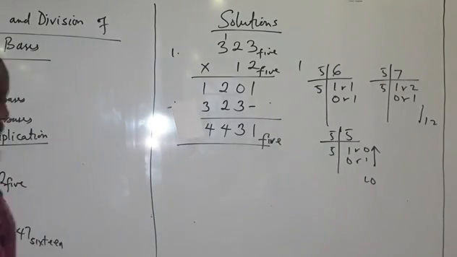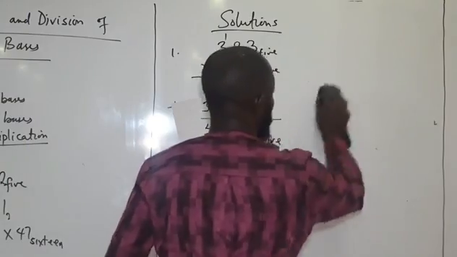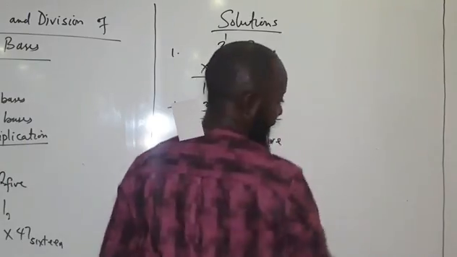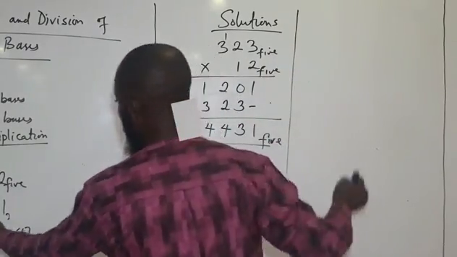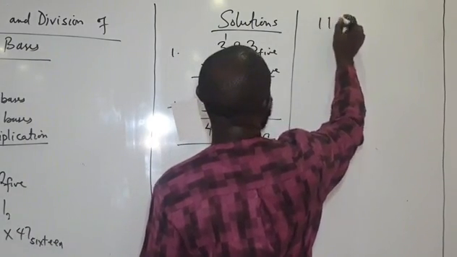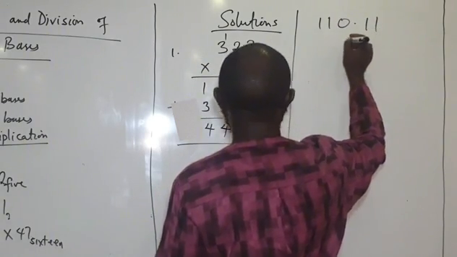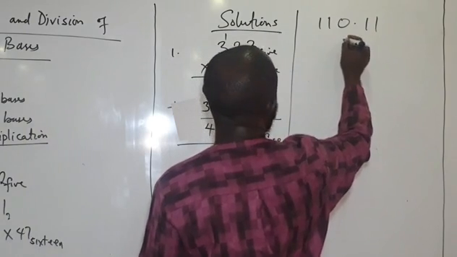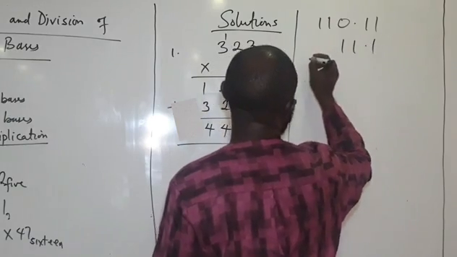The second example, let me do the second example here. But it's going to be longer. We have 0.11 multiplied by 1.1.